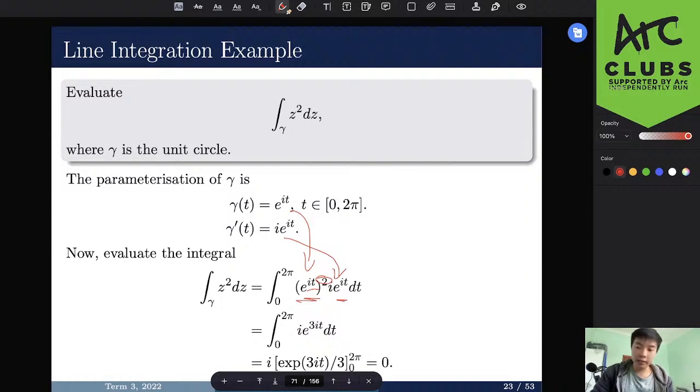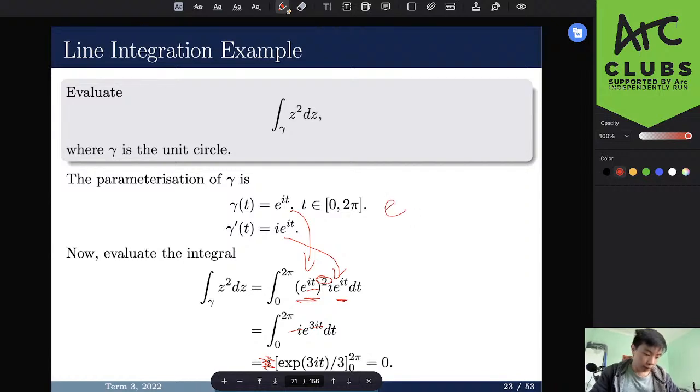Of course, 3i is considered a scalar, so we can just divide by 3i, and what we should get is, oops, there should be no i there, because the i's cancel. We get the exponential of 3it on 3, where we have to sub in 0 and 2 pi.